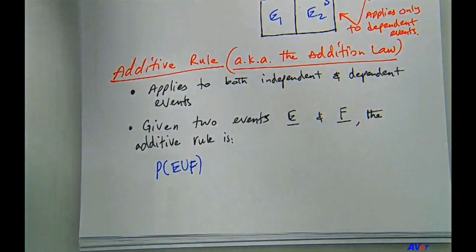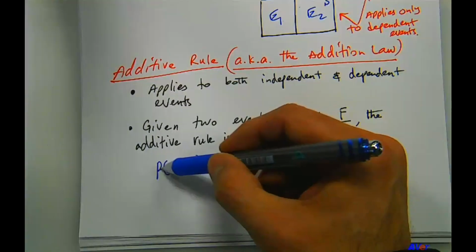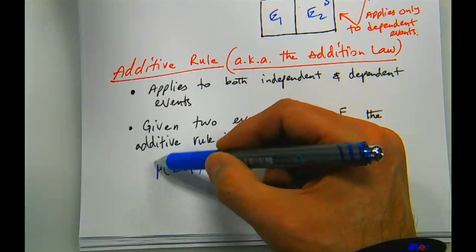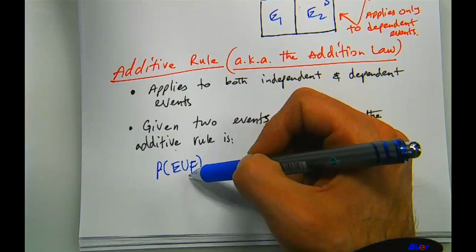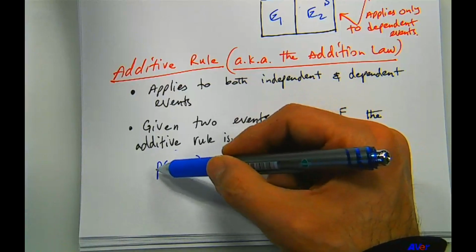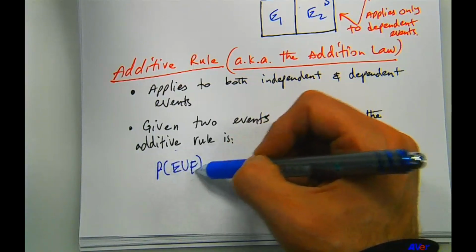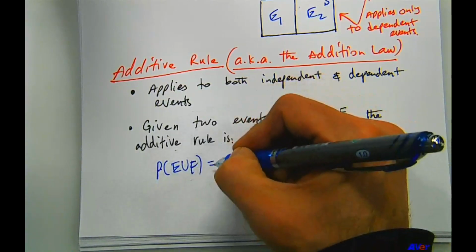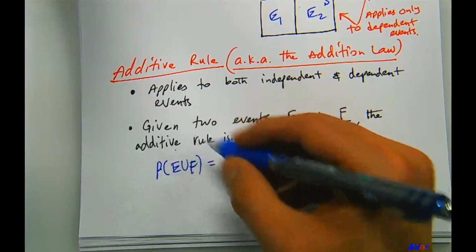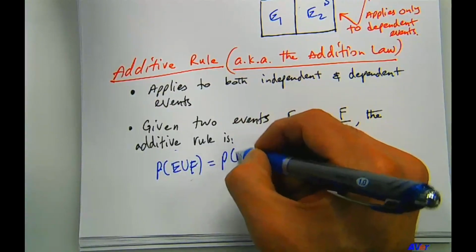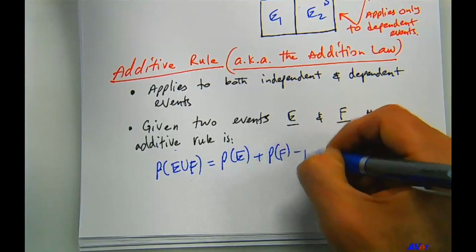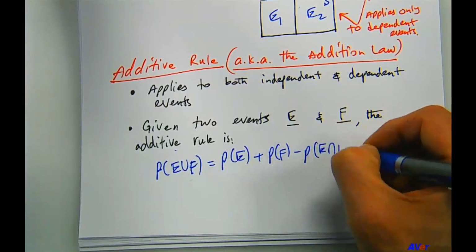It's like X. P is not being multiplied by this or anything. This is just a statistical notation for one set. The probability of the union set between E and F is equal to probability of E plus probability of F minus probability of E intersection F.